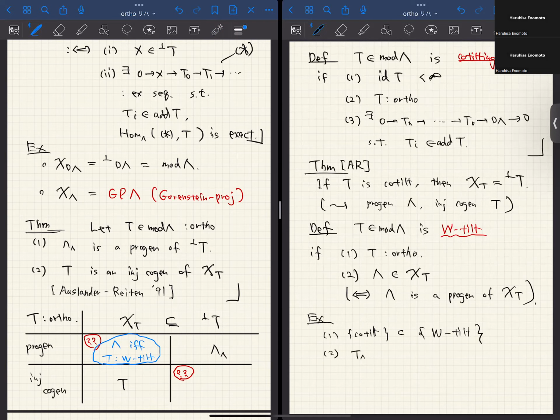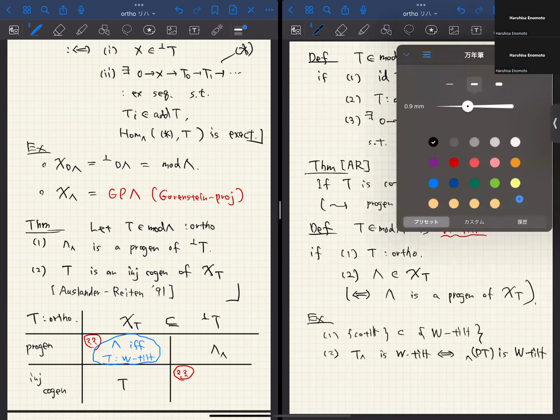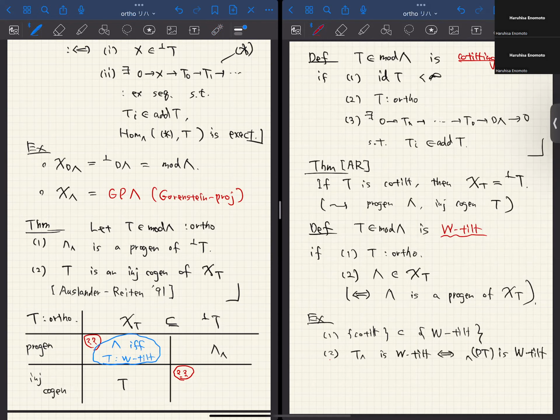A right lambda module T is Wakamatsu tilting if and only if its K-dual, which is a left lambda module, is Wakamatsu tilting. So Wakamatsu tilting is a self-dual notion. This is very important.